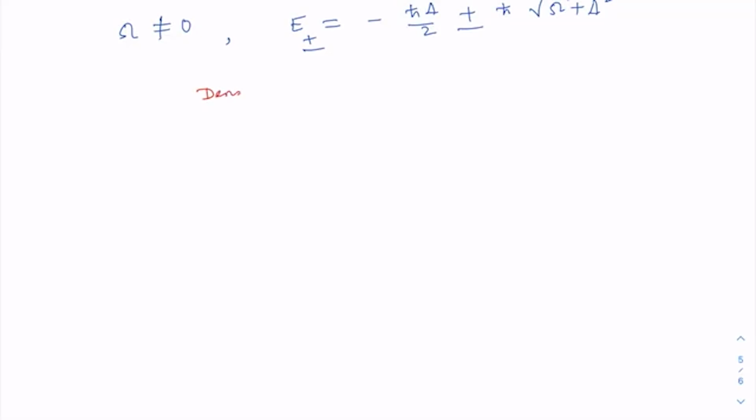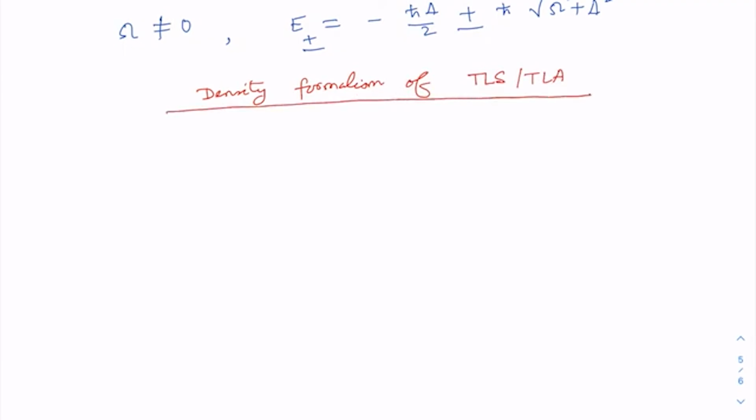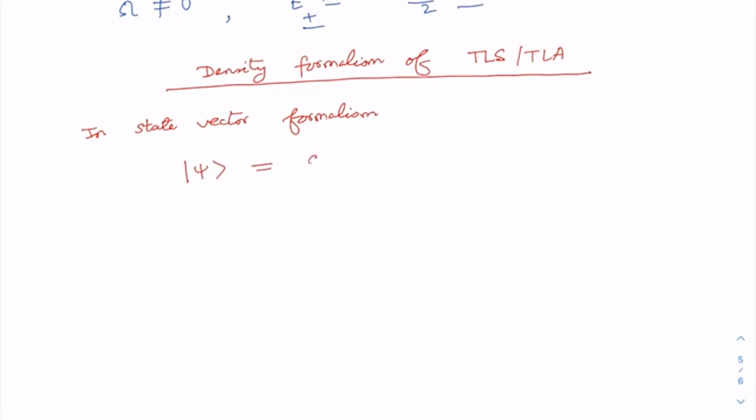We'll discuss density matrix formalism of two-level system or two-level atom. So recall that in the state vector formalism, the state of the two-level system is described by this state vector psi, which we wrote as a superposition of the basis states, ground state as well as the excited state.